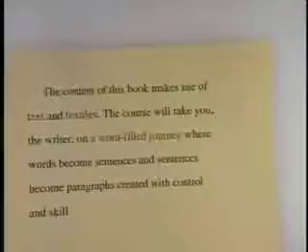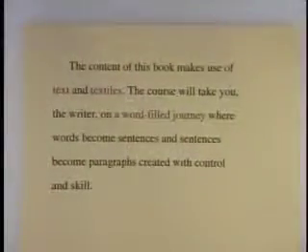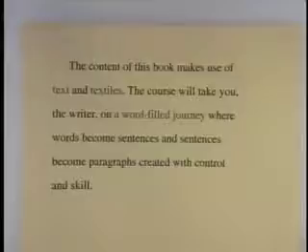So you have to decide what prompted him to paint a particular painting, and we're going to look at a lot of his paintings in the course of this particular term. So this book is going to make use of both text and textiles. You see the interconnection? On the one hand, when we talk about text, the course is going to take you, the writer, on a word-filled journey where words become sentences, of course, sentences become paragraphs, created with control and skill.